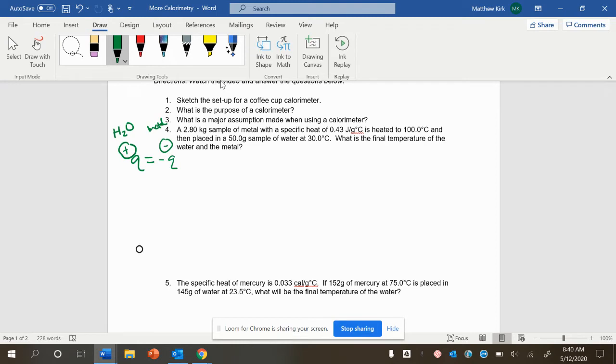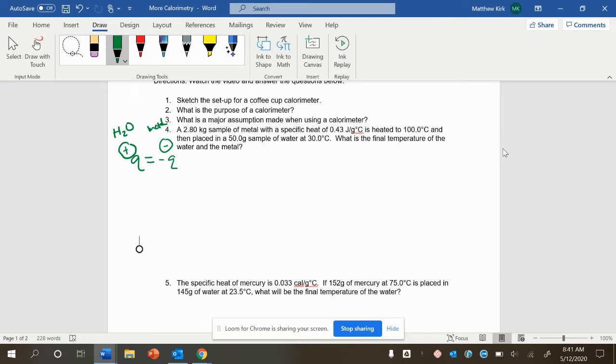It's going to absorb the energy that is released by the hotter piece of metal. So in these sort of problems in a calorimeter, we call them Q equals negative Q because we have that exchange of energy. And these problems involve setting Q equal to negative Q and plugging in.